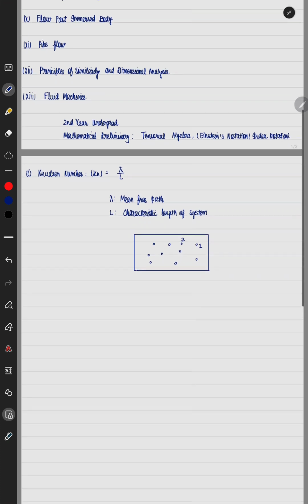And the characteristic length of the system: suppose the length of this system that I have defined is L and the width is W, and both are of the same order, then L or W both can be taken as the characteristic length of the system.